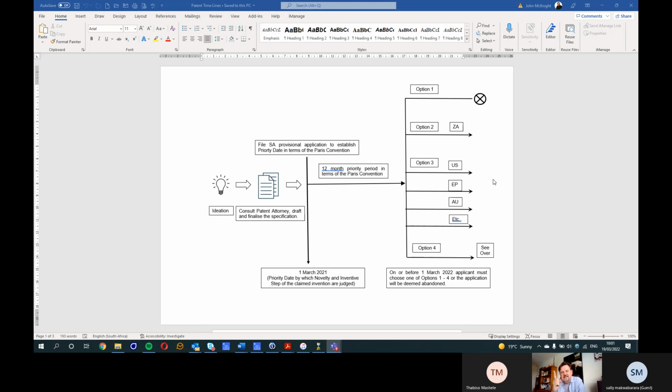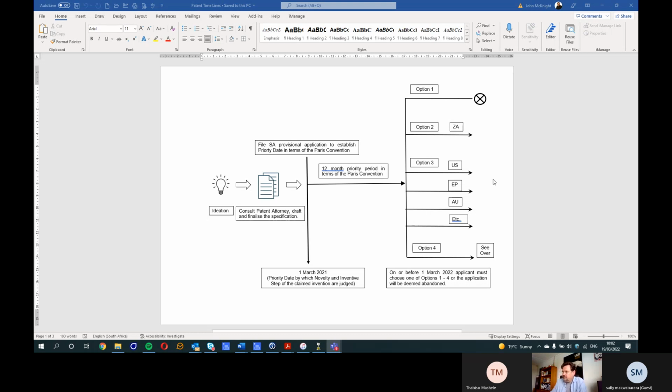It's only after 18 months that the application publishes and becomes public domain. So if you choose option 1, it's like it's never been made available to the public. So it's still an invention, provided that somebody else hasn't thought of it independently. They certainly wouldn't have had access to your application. So it remains secret. It's not open to public inspection for the first 18 months of its life.